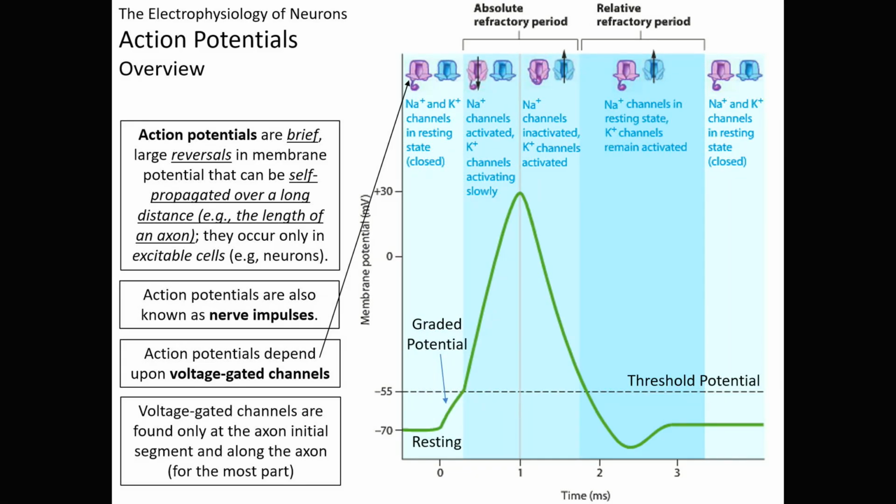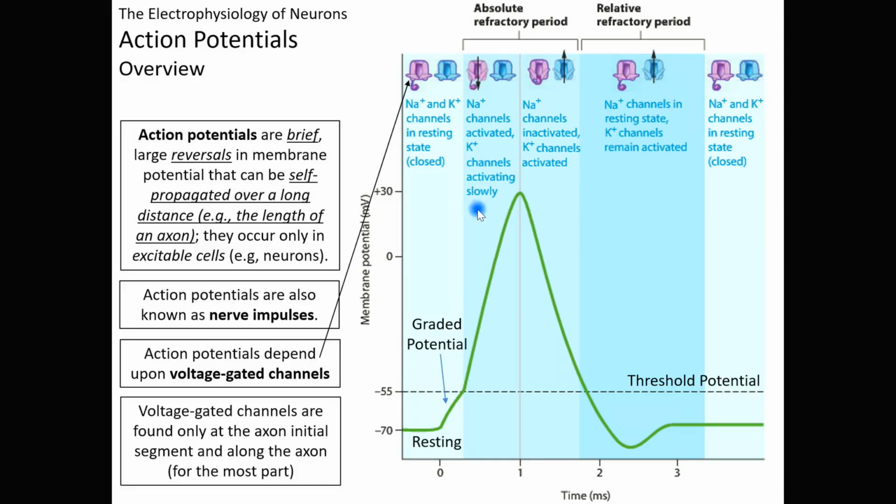Now, what we have to appreciate, and what they highlight for us here, is that when we get to the threshold potential, that is the stimulus that causes both the voltage-gated sodium and potassium channels to open, right, to become active, to allow ions to pass through. But you'll notice that they don't open at the same speed, right?